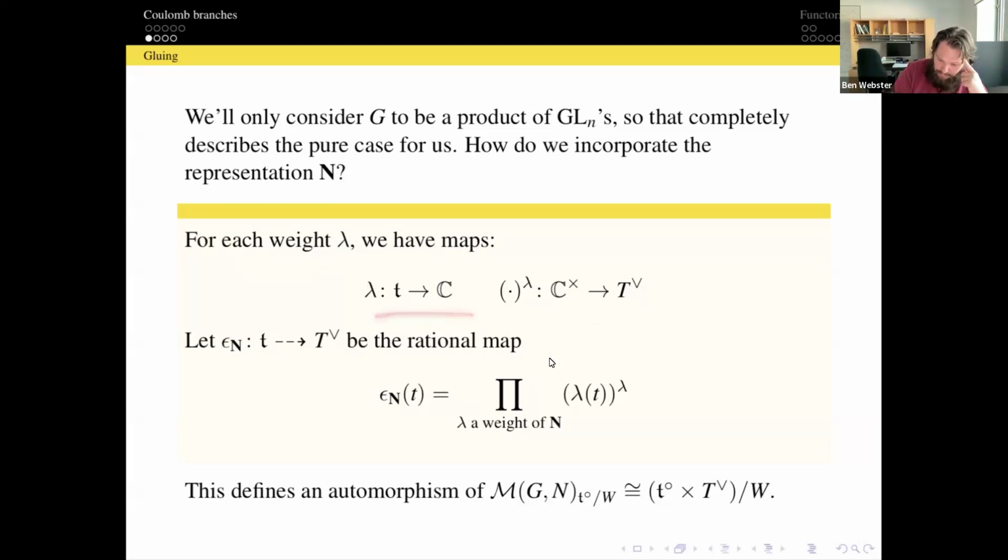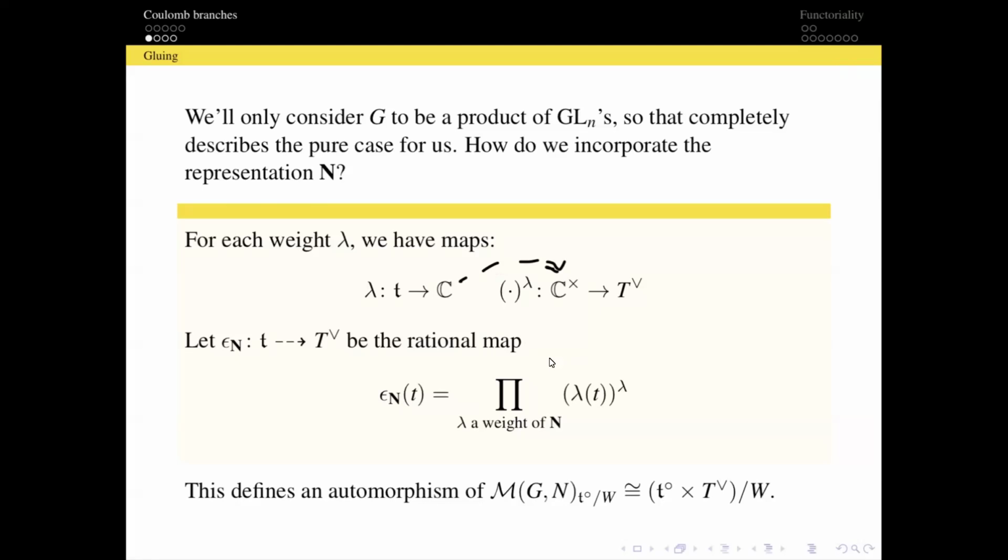I can think of it as a linear function on T, or I can think of it as a co-character into T check. And I'm going to do a strange thing, which is I'm going to compose these guys. So I'm going to start at T, map to C, and then take the rational map from C to C star. I'm going to have a problem at 0, but I already sort of know that places where my weights vanish are kind of bad.